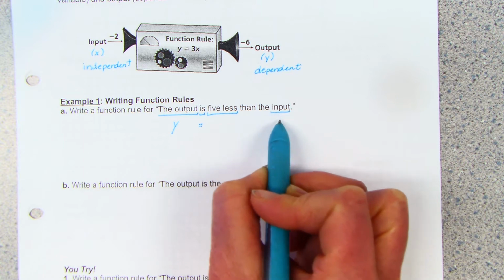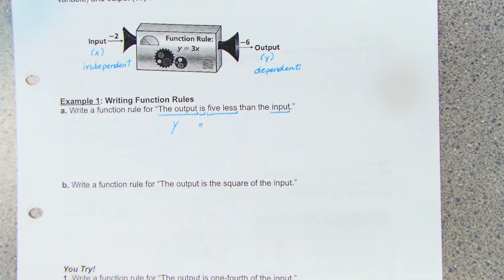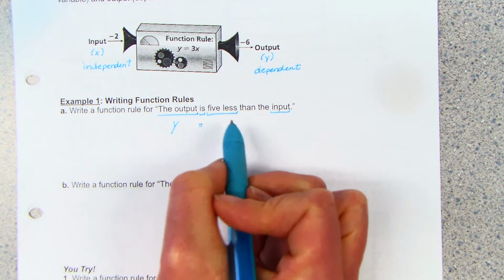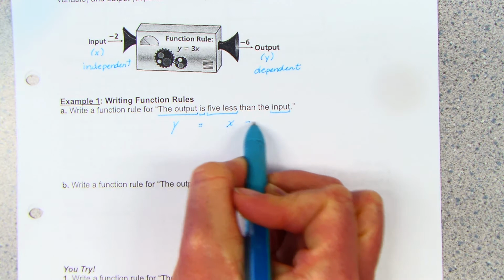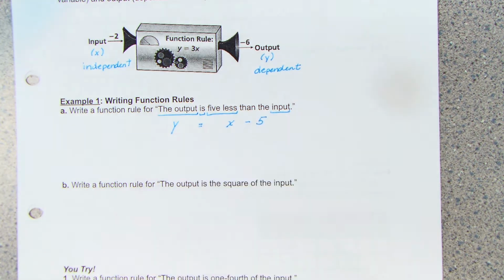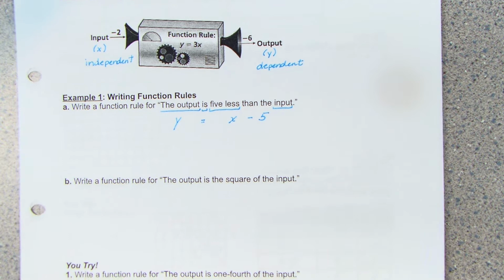And the input is the x. If I want to have 5 less than something, then I need to put the x value first and then subtract 5. Right? So it's not that it's hard, it's just new language that you have to think function language instead of equation language.